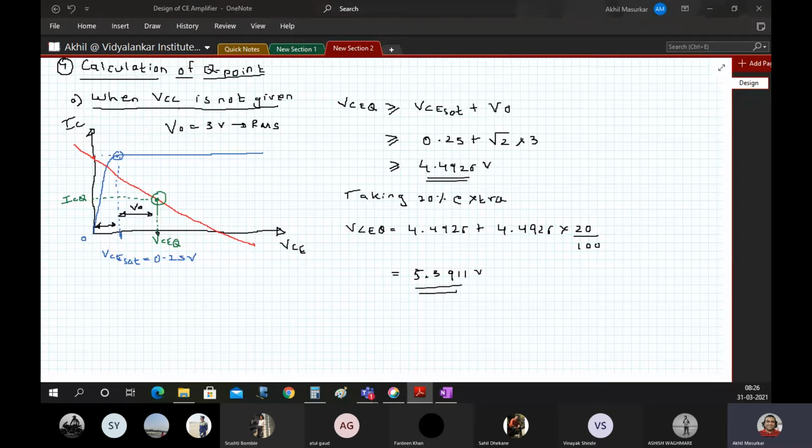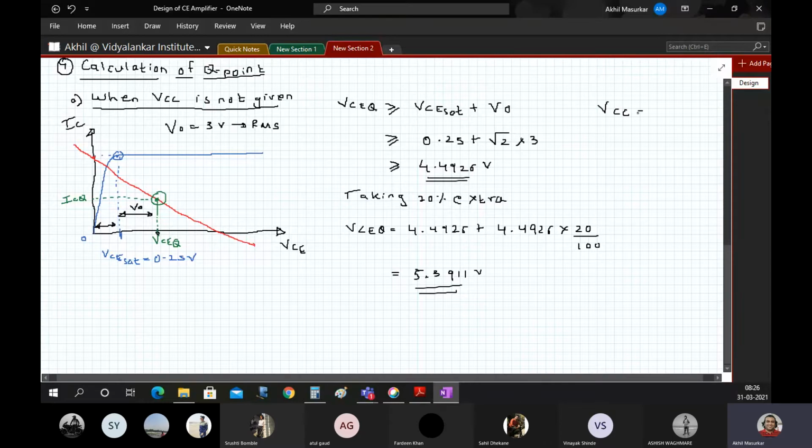So VCC is not given. So now here we will write VCC will be twice of VCEQ. That will be 2 into 5.3911, that will be 10.78 volts.